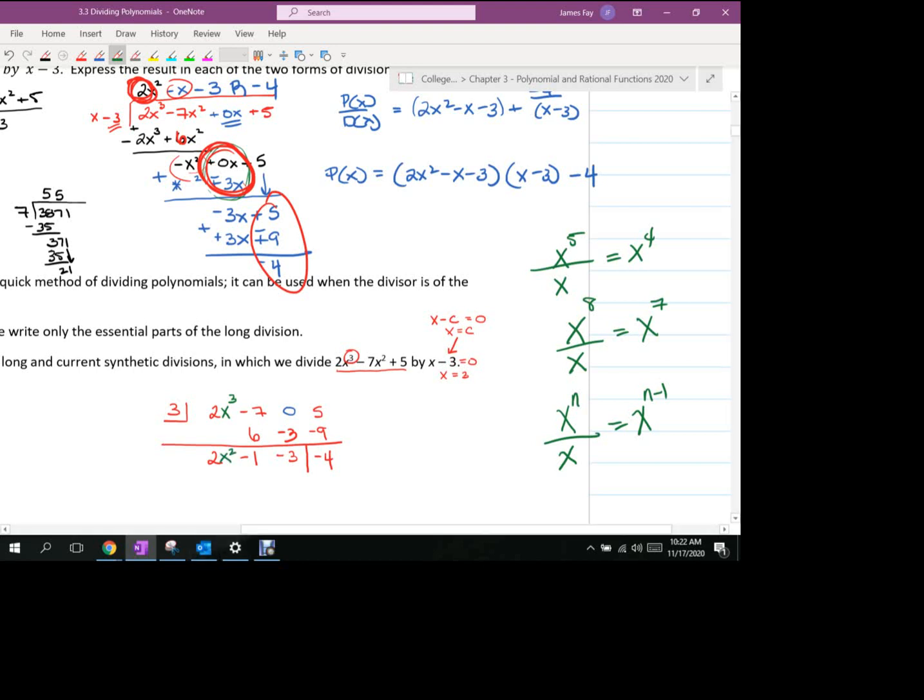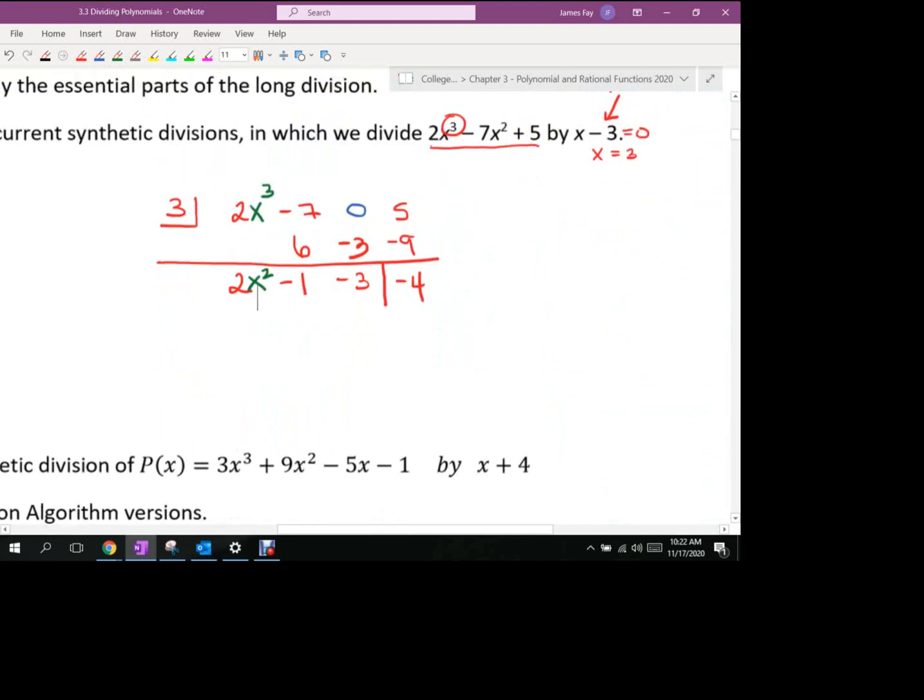And that there is the context that I was talking about us losing when we do synthetic division. You always got to remember what was the leading degree of my dividend. I'm always dividing by a linear term, so I need to know that it depreciates my quotient row by 1 power, 1 degree.